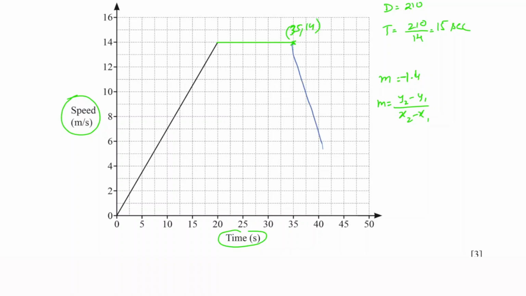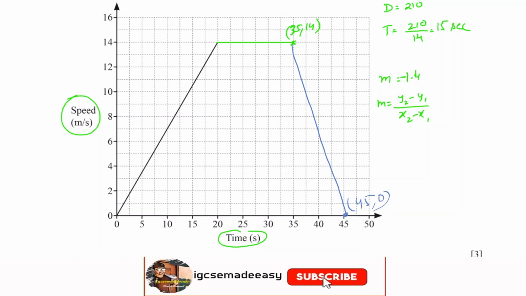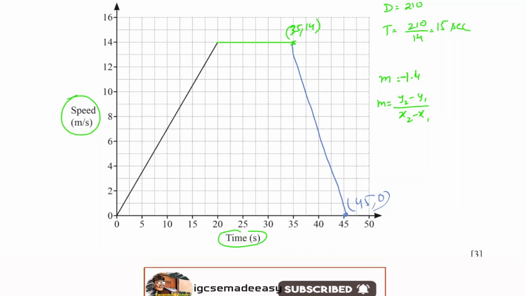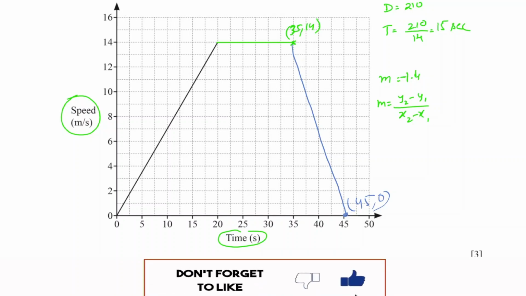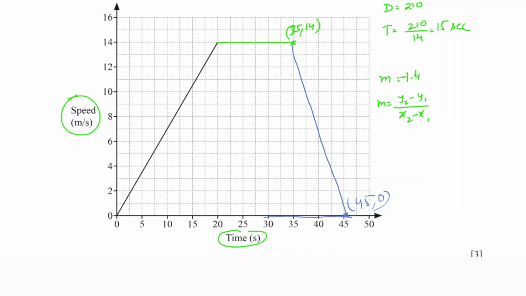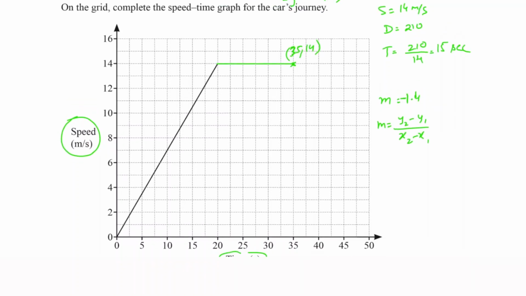It can be anywhere, right? If it comes here, the value of x will be 45 and y will be 0. You should know that y will definitely be 0, because only the value of x will be there in this case. So the blue line was just an imaginary line for you.